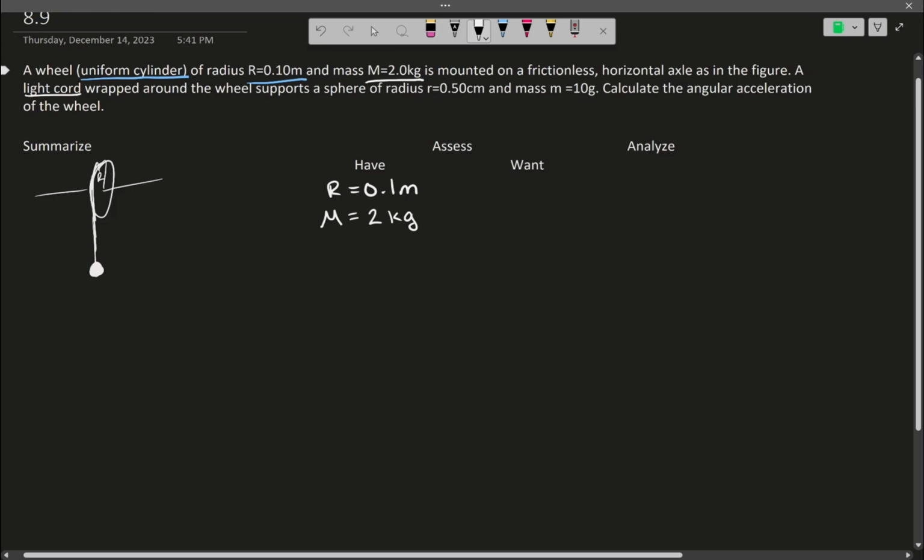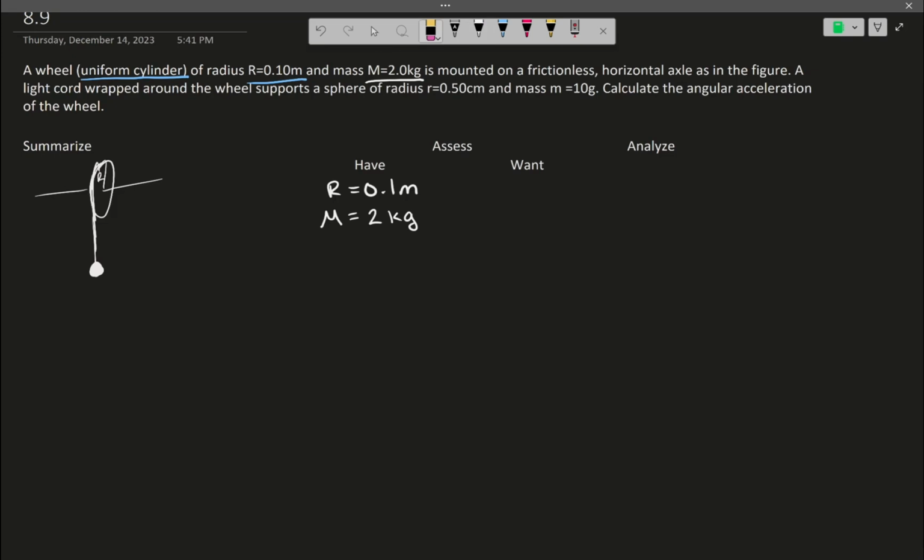A light cord means that I can ignore the weight of the cord, and it is wrapped around the wheel that supports a sphere of radius 0.5 centimeters. So that would be 0.005 meters. And that sphere has a mass of 10 grams, so that'd be 0.1 kilograms.